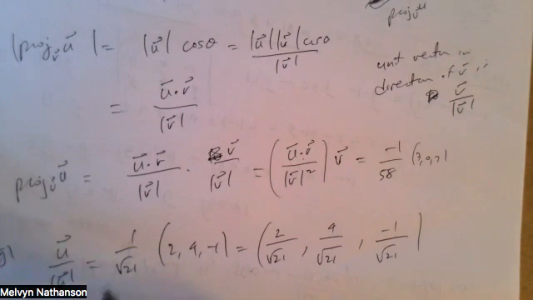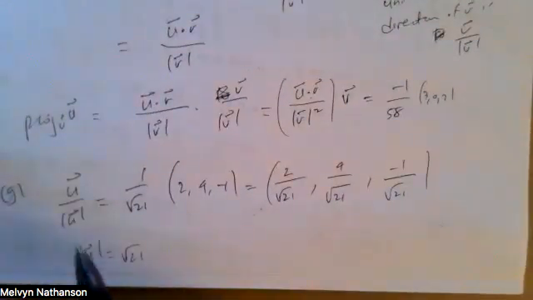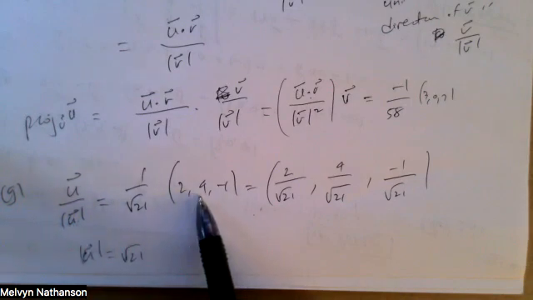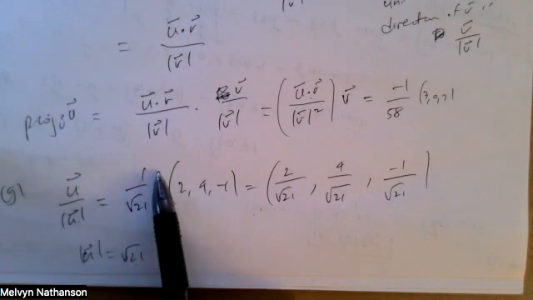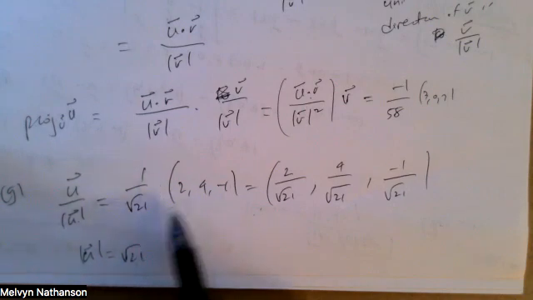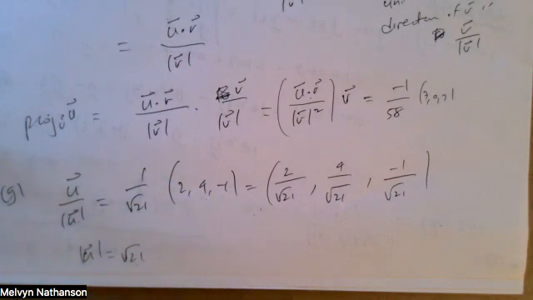The way you get a unit vector in the direction of any non-zero vector is take the vector and divide by its length. So the vector is 2, 4, minus 1, and you're dividing by square root of 21. It's dividing this vector by the square root of 21.